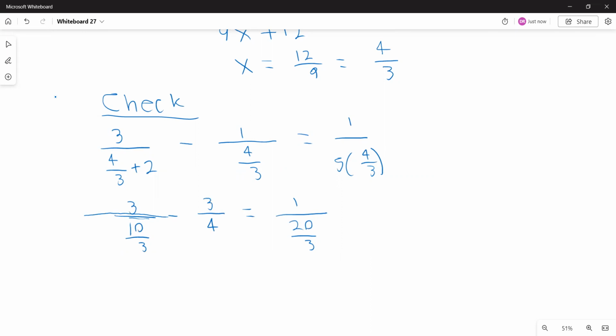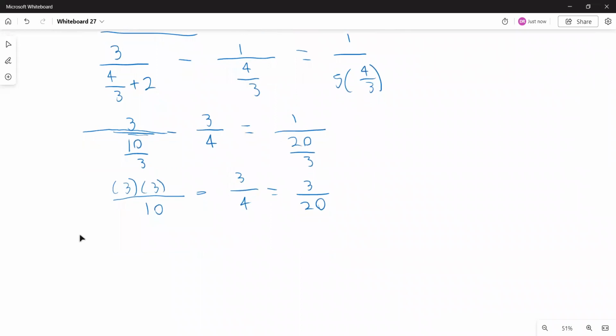Okay, so 3 times 3 over 10, that's 9 over 10, minus 3 fourths equals 3 over 20. Okay, so that's the right hand side.